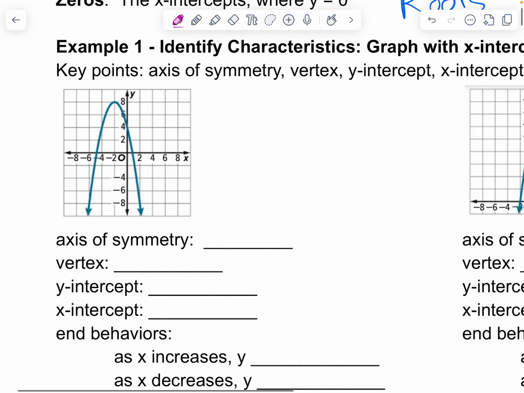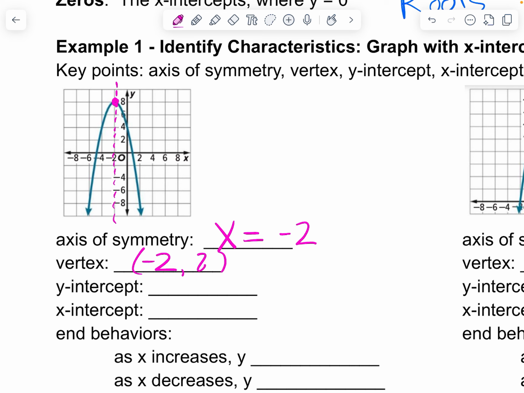Okay, key points. So the very first thing asks for the axis of symmetry. This line right here. X equals, and what does it go through? It goes through -2. The vertex point, where did it change direction? The x is at 2. Right here, the x is at 2.